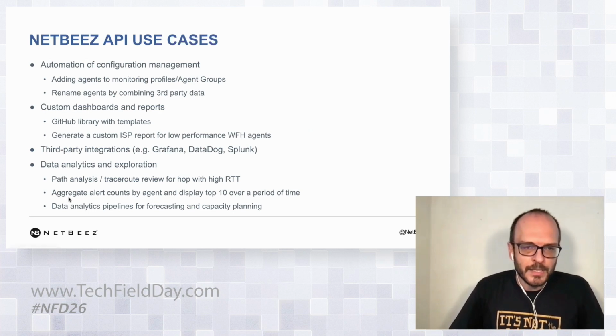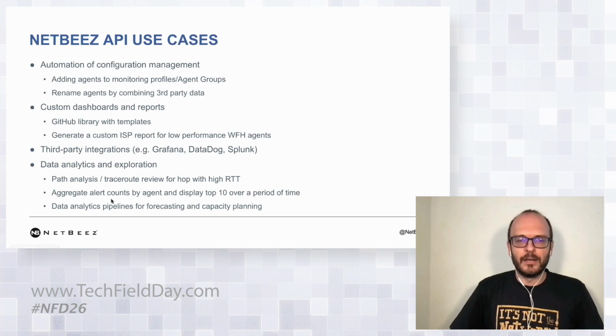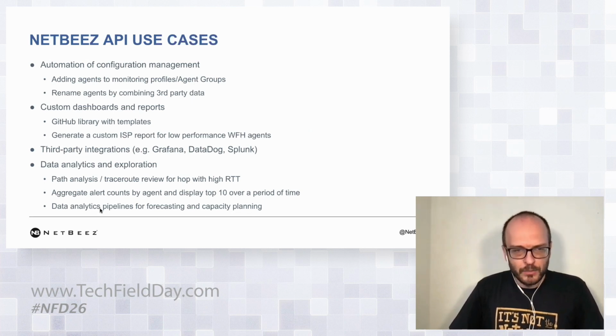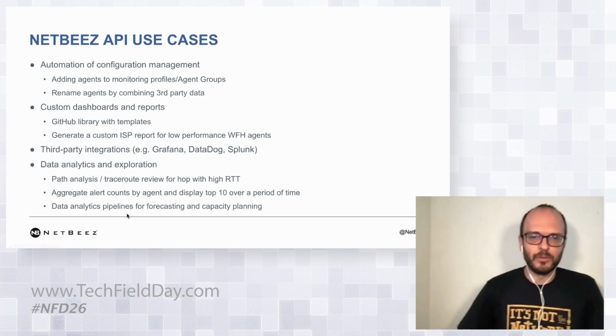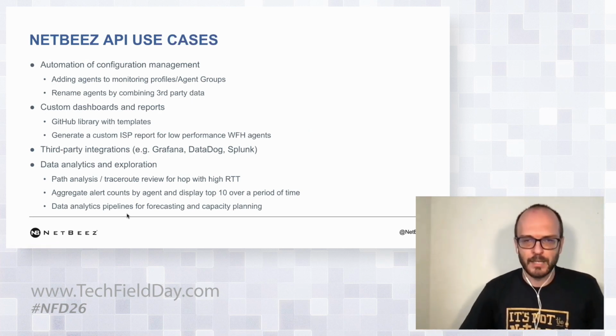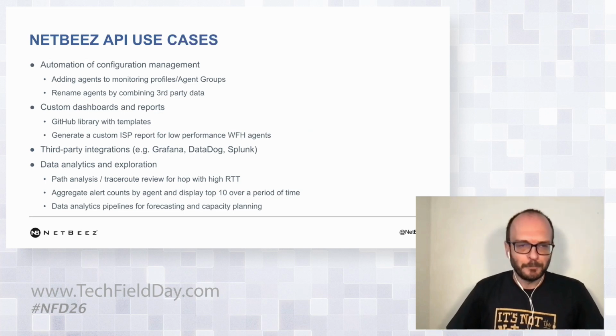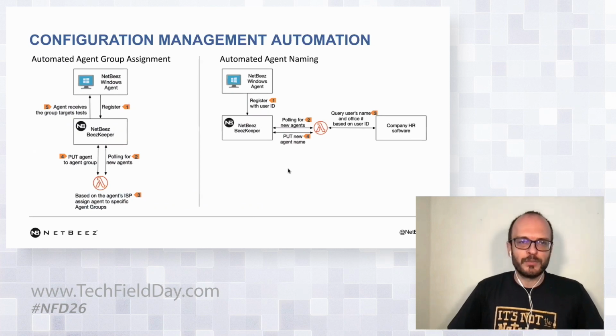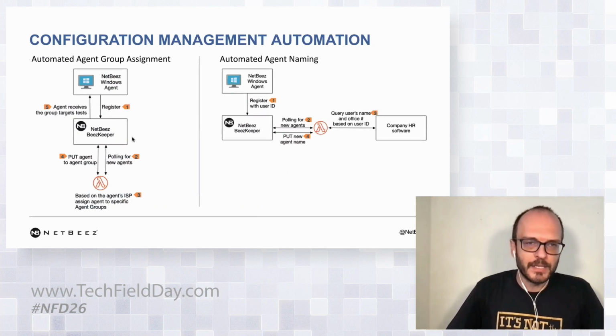Another use case is aggregating alert counts per agent and displaying the top 10 over a certain time period. And with all the endpoints that we provide, you can build your own data analytics pipelines for forecasting analysis as well as capacity planning. So these are some examples. Let's dig into more specifics of some of these use cases.